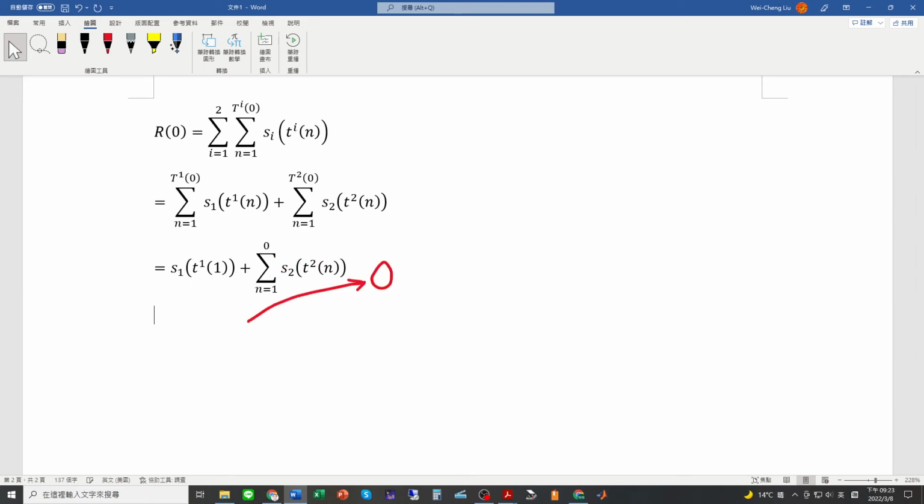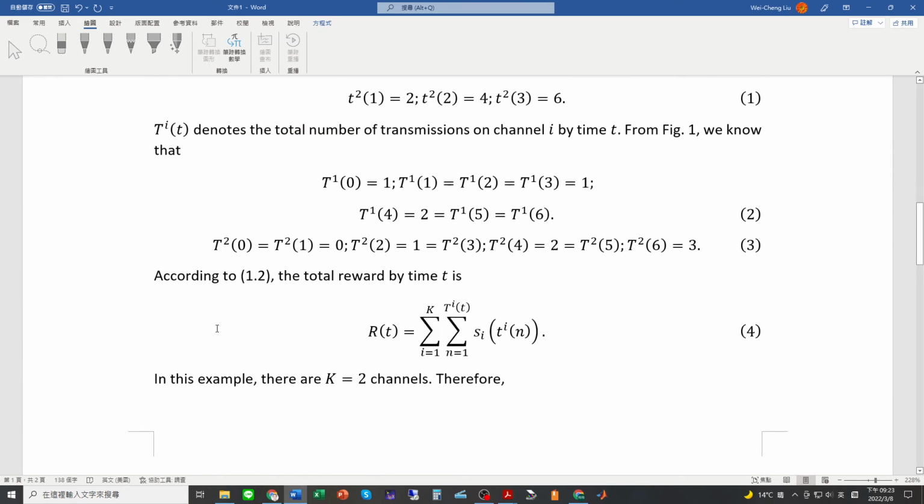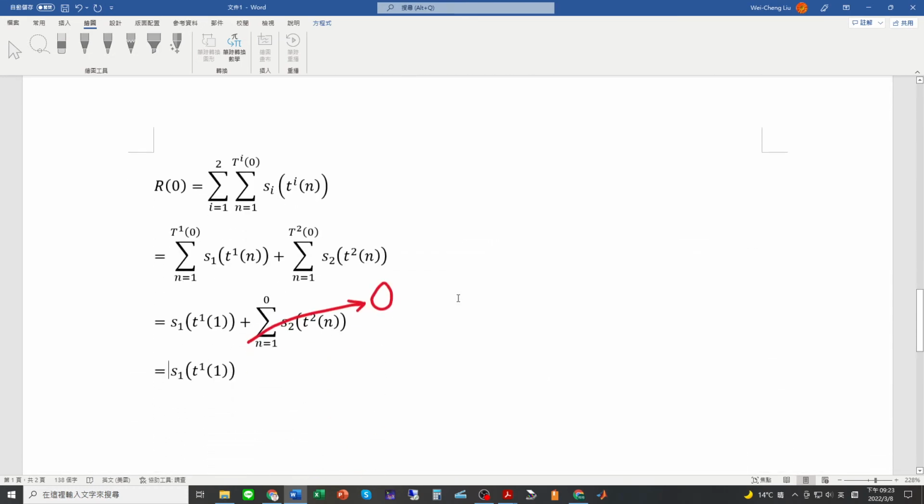So finally, it is equal to s1 of t1 of 1. So what is t1 of 1? According to equation 1, it is equal to 0.